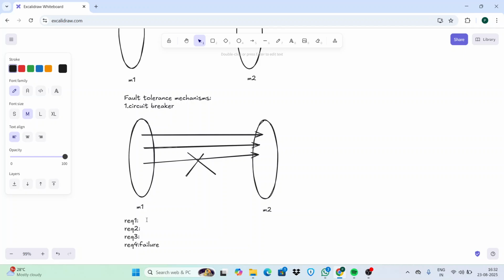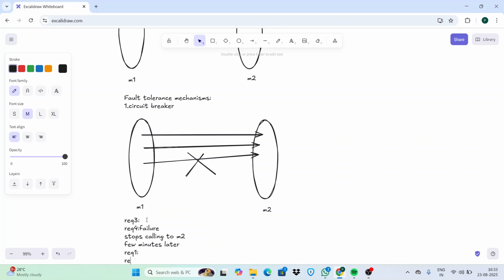Again after some time, it raises a request to M2 and waits for its response.